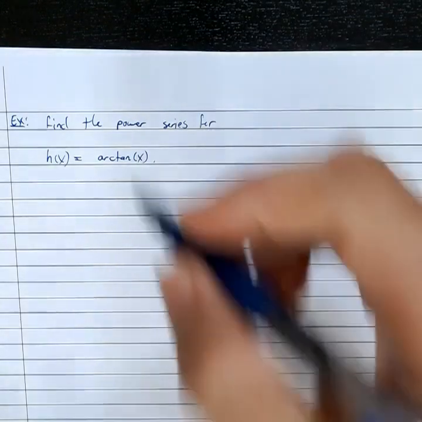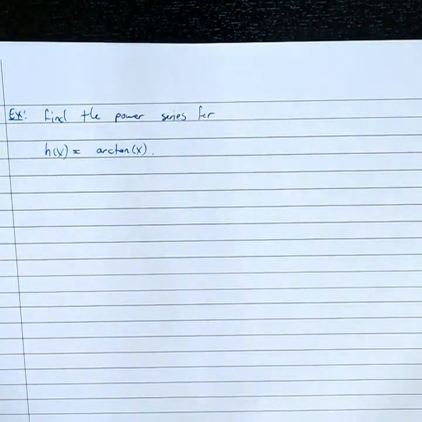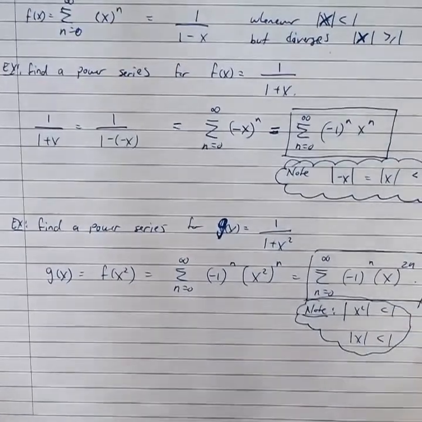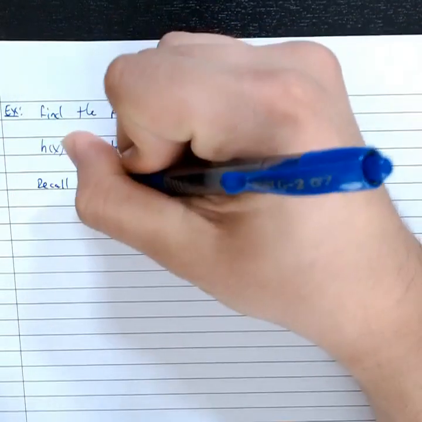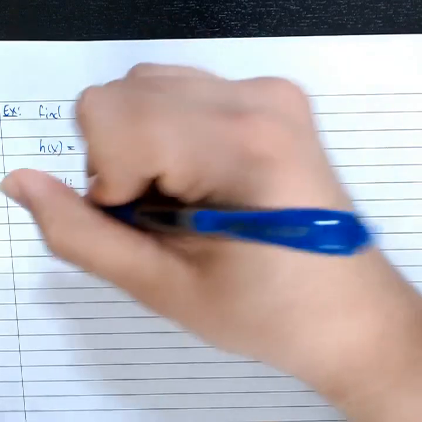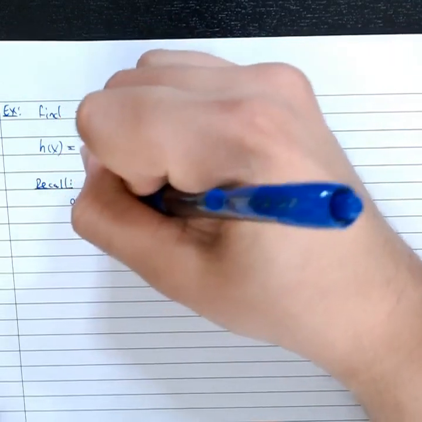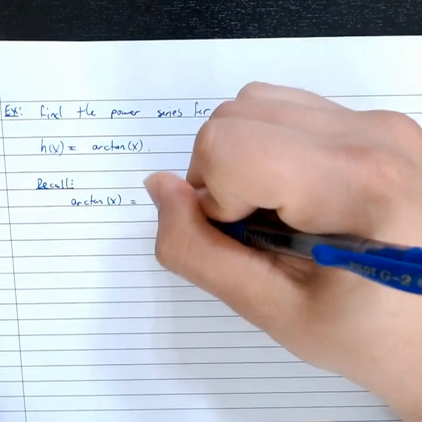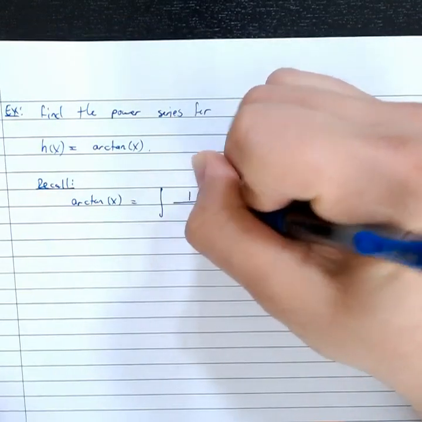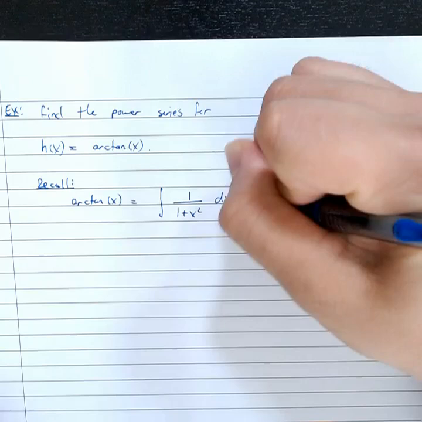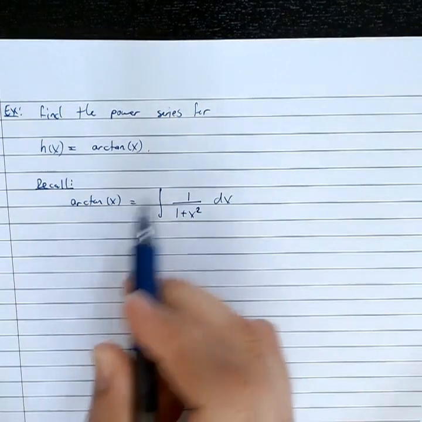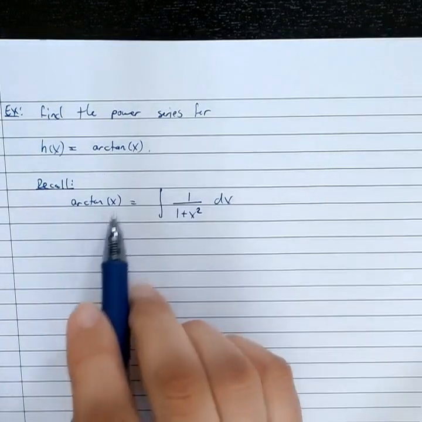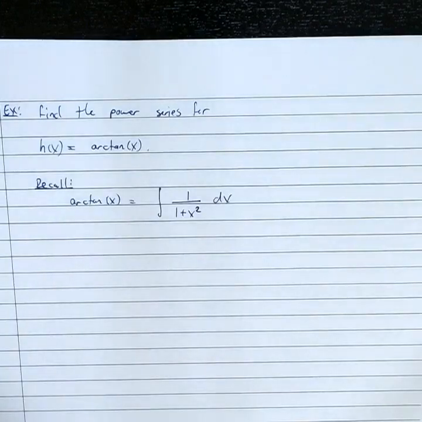All right. Here, note that the arctangent of x is the integral of 1 over 1 plus x squared. Recall that if you take arctangent of x, that's equal to the integral of 1 over 1 plus x squared dx, plus a constant of integration, but this is one antiderivative of that.